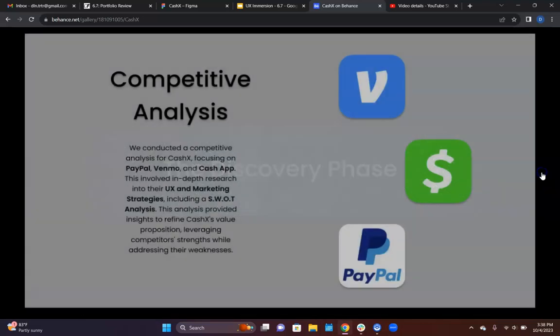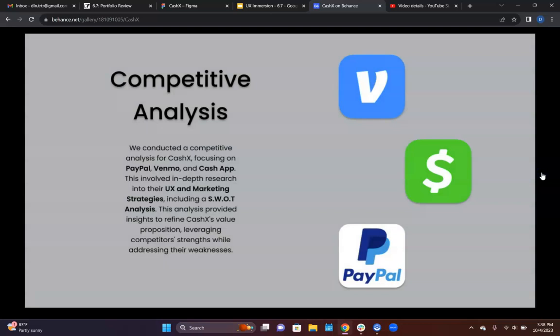So, into the discovery phase. We started with a competitive analysis of what I would consider to be three of the main competitors in the space that CashX is trying to break into. Those would be PayPal, Venmo, and Cash App, your big three in the fintech space, if you will.